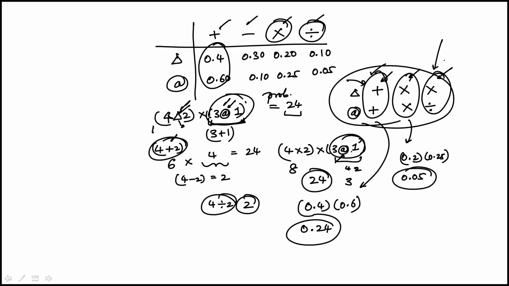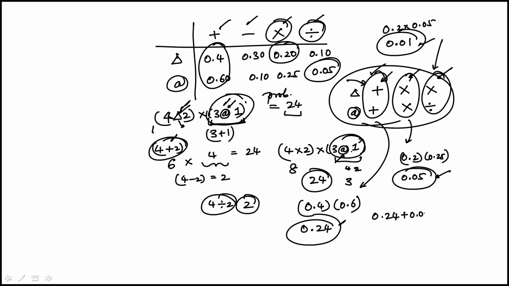And then finally multiplication and division, 0.2 and then 0.05, a product of that, which will be 0.01. So now I have to just add these 3 quantities, 0.24 plus 0.05 plus 0.01, which will be 0.30, choice D.